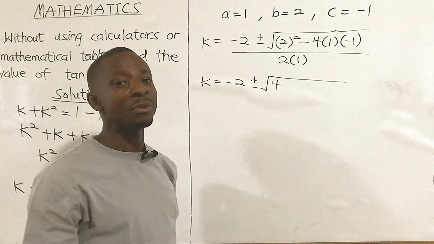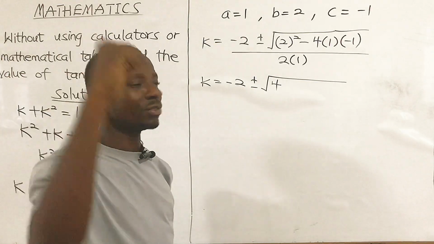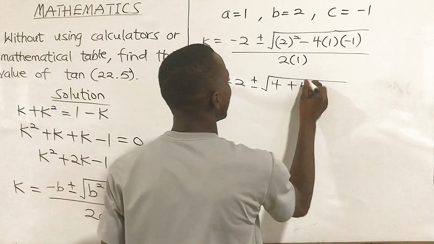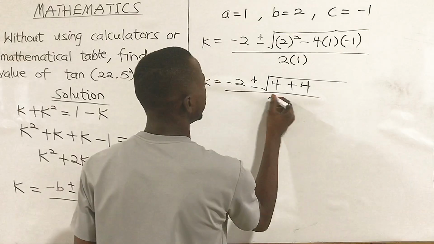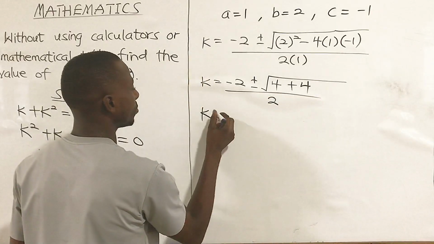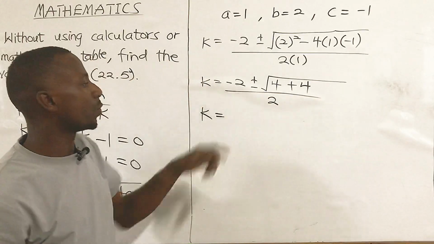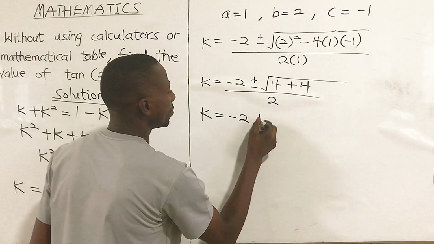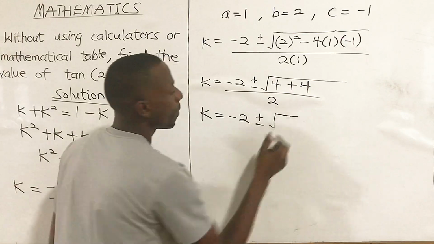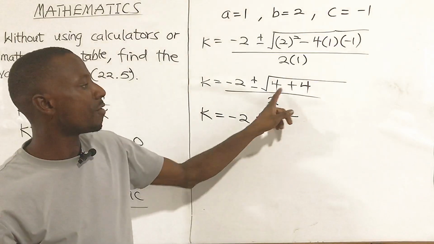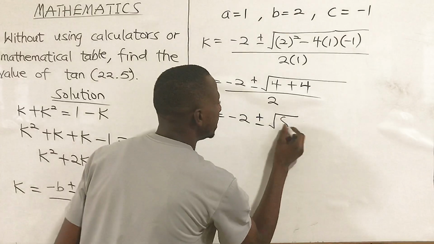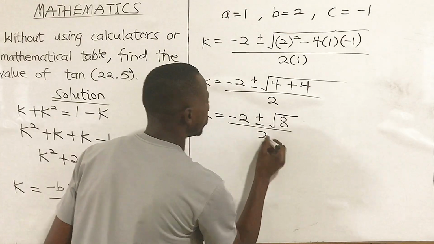Positive 4. Because negative times negative. So we have positive 4 all over 2. So we have negative 2 plus or minus 4 plus 4, we have 8 all over 2.